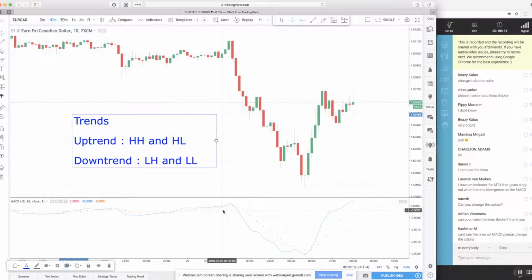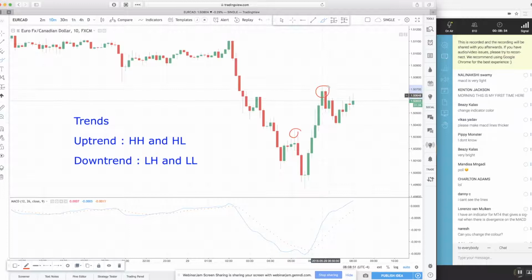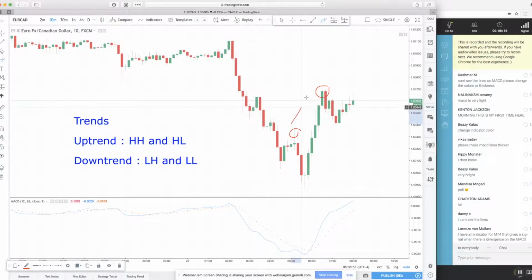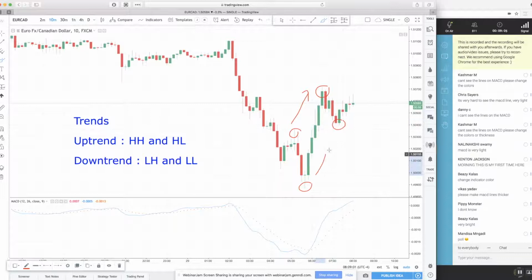So in an uptrend, if this is your highest point, the next highest point is higher, and your lower points are also getting higher. That's a confirmed uptrend, higher high and a higher low.